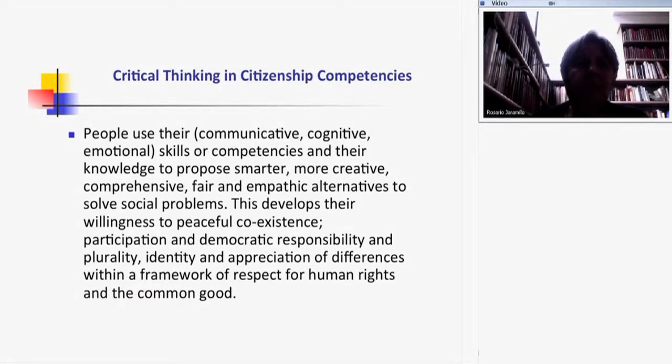Another example is of the way that critical thinking in citizenship competencies was used in Colombia, in the program for citizenship competencies, where people use their communicative, cognitive, emotional skills or competencies.